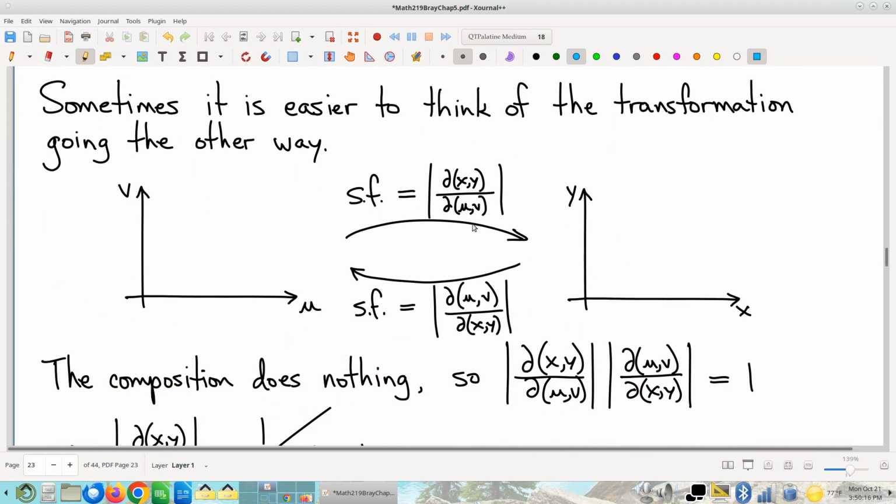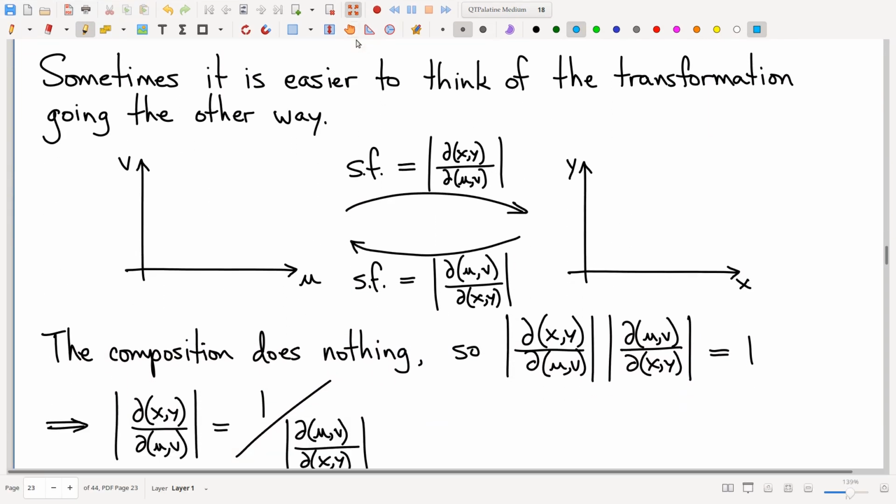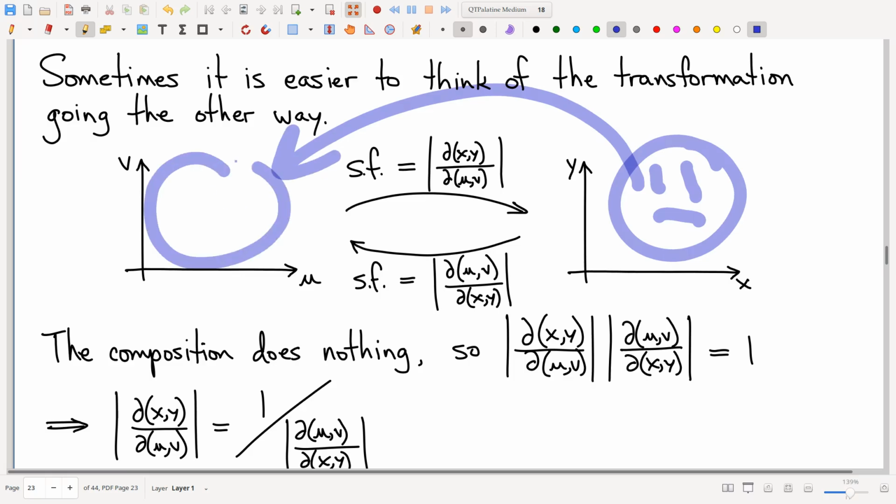So here's a weird fact. Sometimes your function's going to go the wrong way. Sometimes you're going to be looking to do a pullback. You're going to have some region over here that you don't like, and you're going to want to turn that into some new region over here that you do like, but you're going to find that your function is better thought of this way. And we're not set up for that.